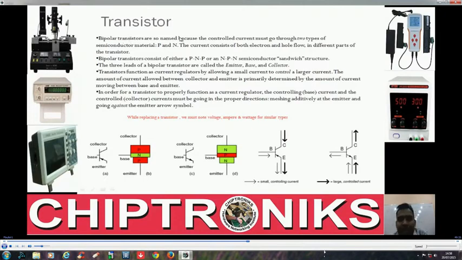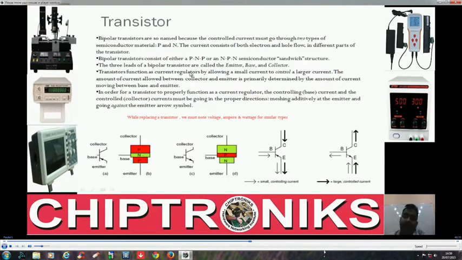So why are they called bipolar? Because the control current must go through two types of semiconductor material, the P side and the N side, and the current can be of two types, one having the flow of holes and another having the flow of electrons. So this is called a bipolar junction transistor.